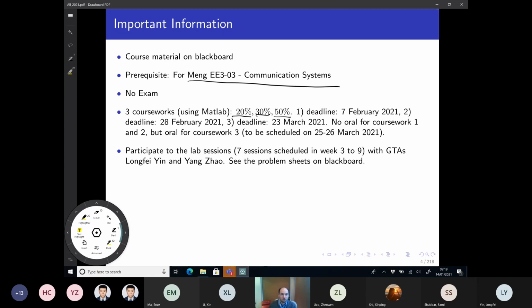Maybe Longfei, you can say a word about this also, because you have taken Professor Manikas' module during your MSc. Maybe you can say a word if you like. Yeah, actually the emphasis is different. In Manikas' module, the coursework is focused on array processing.